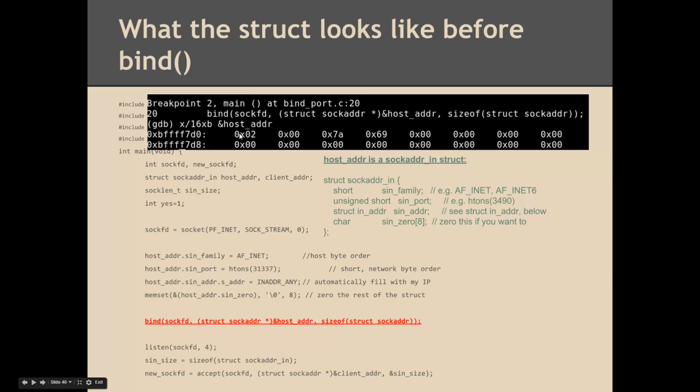And here you see the AF_INET is this short, 2 bytes, and then the 31337, once it's calculated by host to network short, is stored in little endian format here, which I believe 31337 is 697A, but I may be wrong. I can't do this off the top of my head. And then the IP address for INADDR_ANY is 0.0.0.0, and then the rest of it is zeroed out.